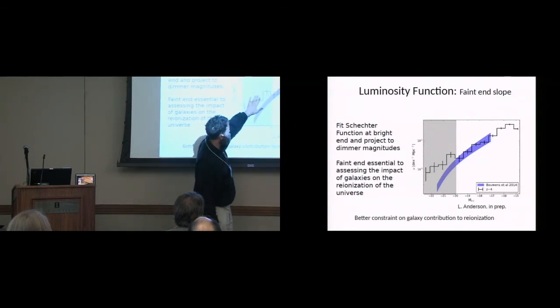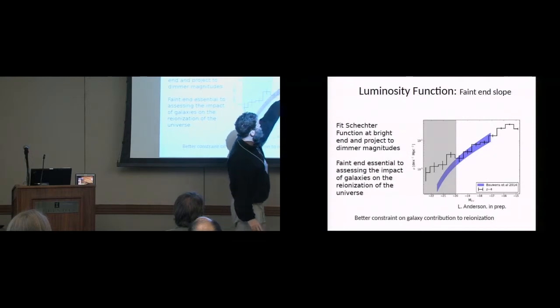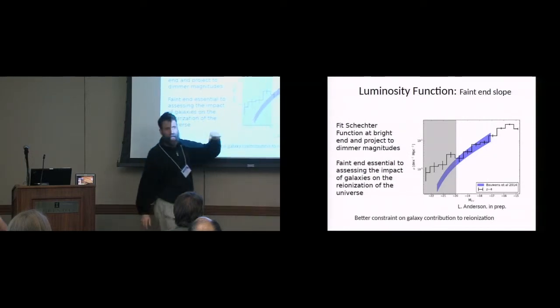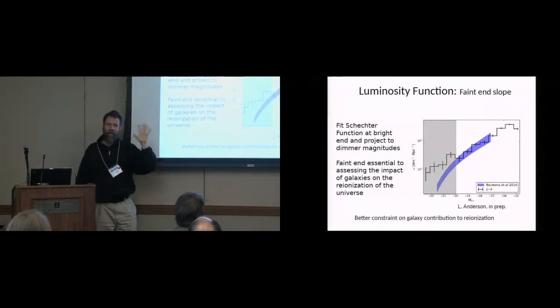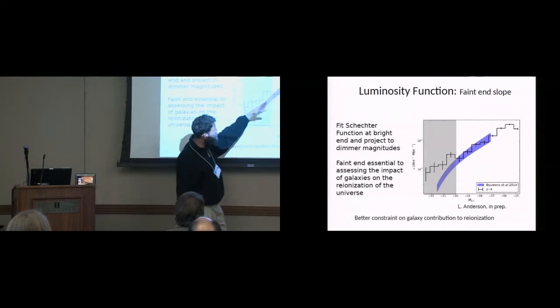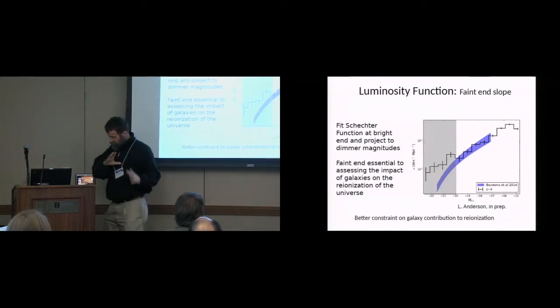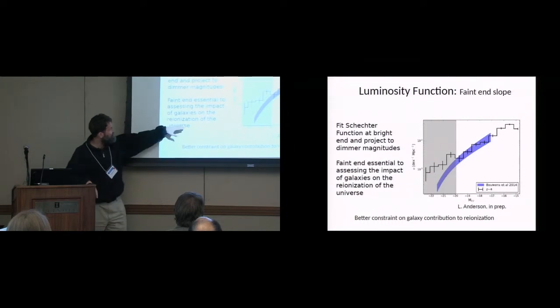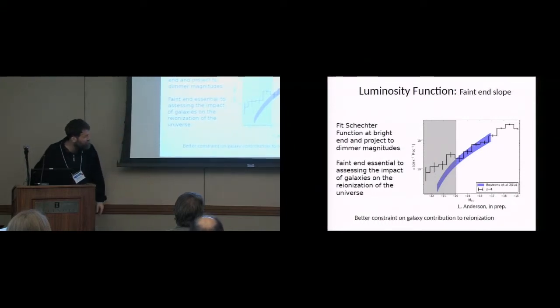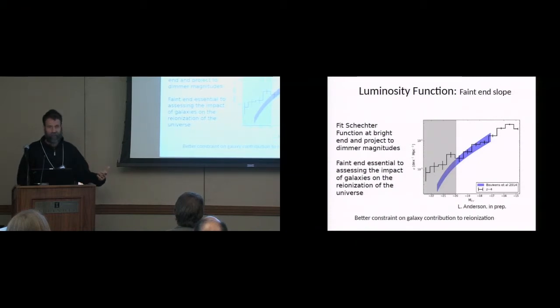So although it doesn't quite match up here, we're kind of okay. What we're really concerned about is what's happening at the faint end. And the question is, are there enough galaxies at the faint end to produce the photons that will change the universe from neutral to ionized? So understanding the physical state of the universe at these redshifts is what our next paper is going to be about.